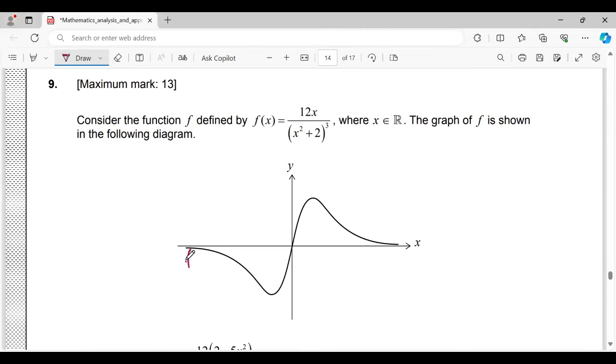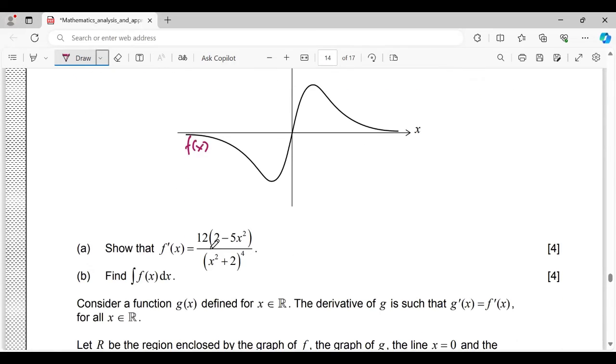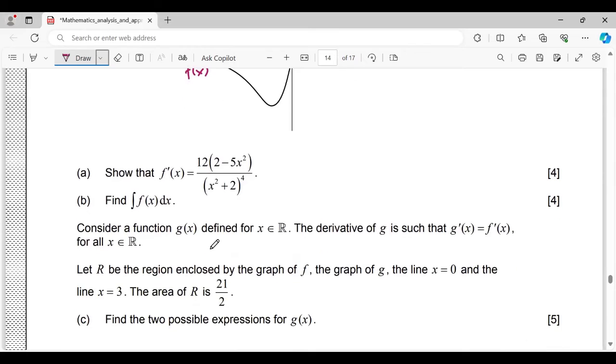Show that the derivative f'(x) equals 12 times (2 minus 5x squared) over (x squared plus 2) to the power 4. Find the integral of f(x).